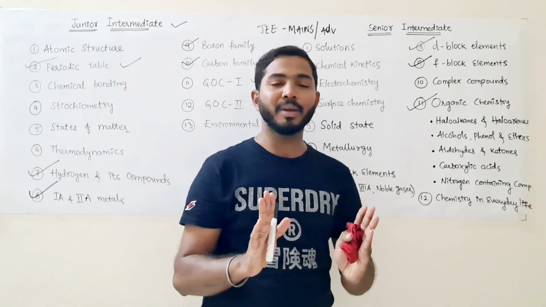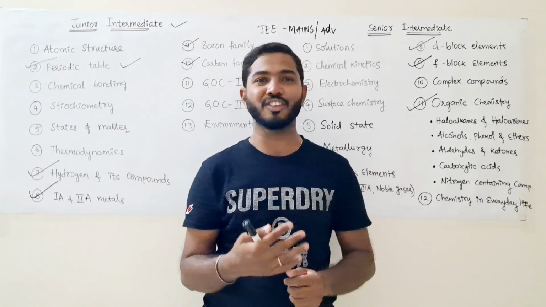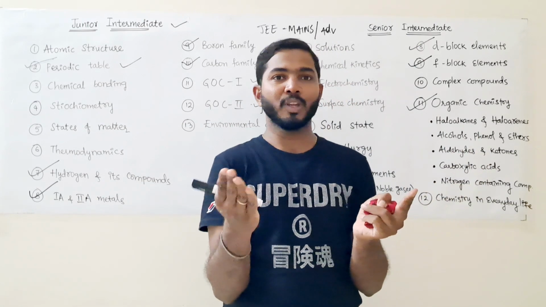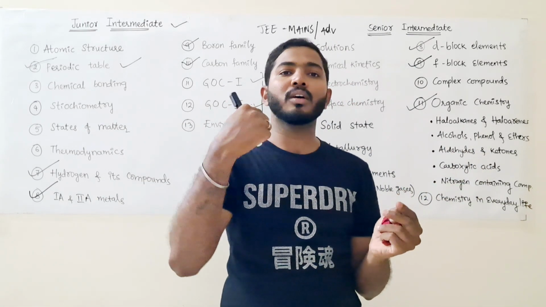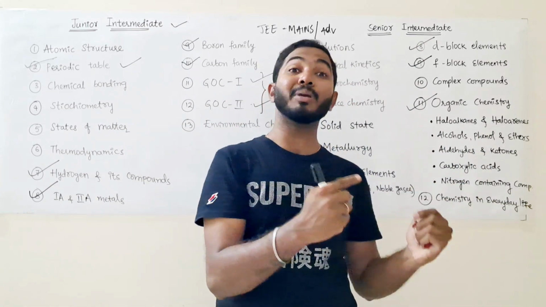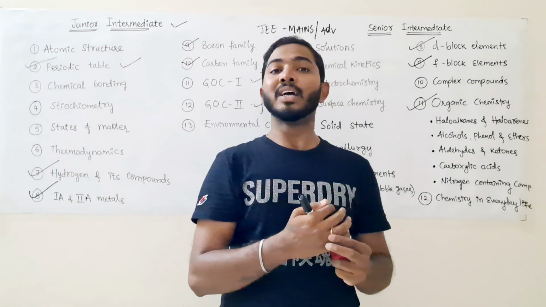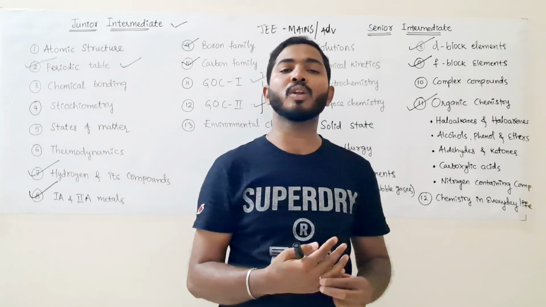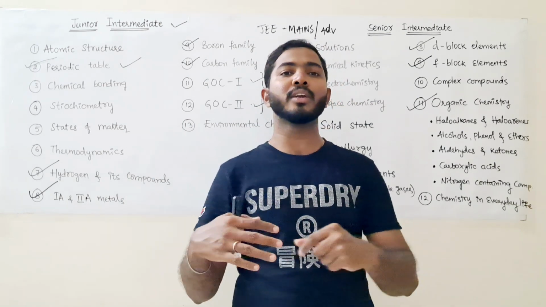Okay, so in JEE Mains, the trend has now changed, because previously we used to have so many questions that we used to get at least one question from each chapter. But now the trend is different. I hope you all know that JEE Mains is conducted in different sessions.